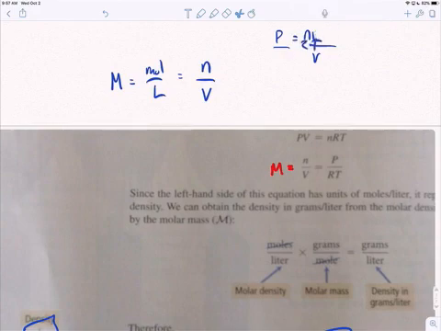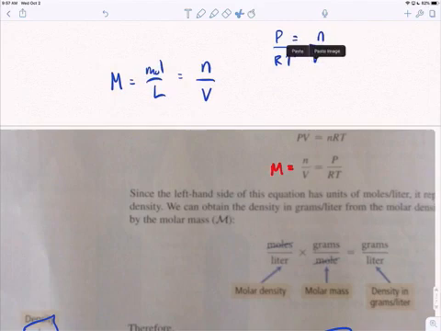So move RT. Oops, lost half my R. Okay, so rearrange it this way. So N over V is P over RT. It's fun, I like doing math that way. So are you good? Do you guys follow how I was doing the math? Hopefully you're following that.